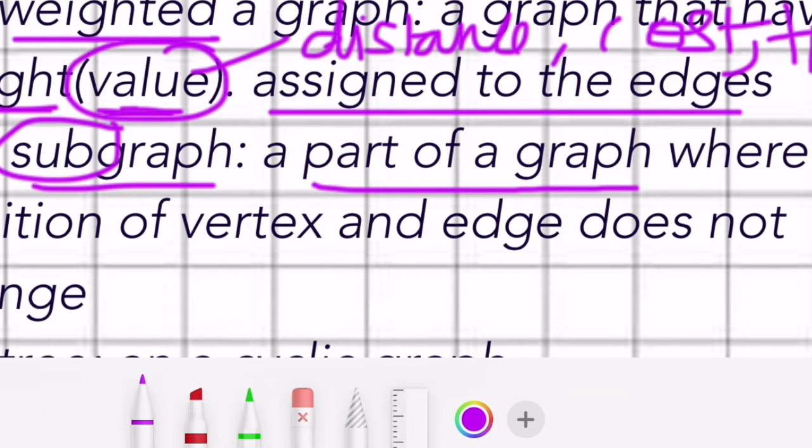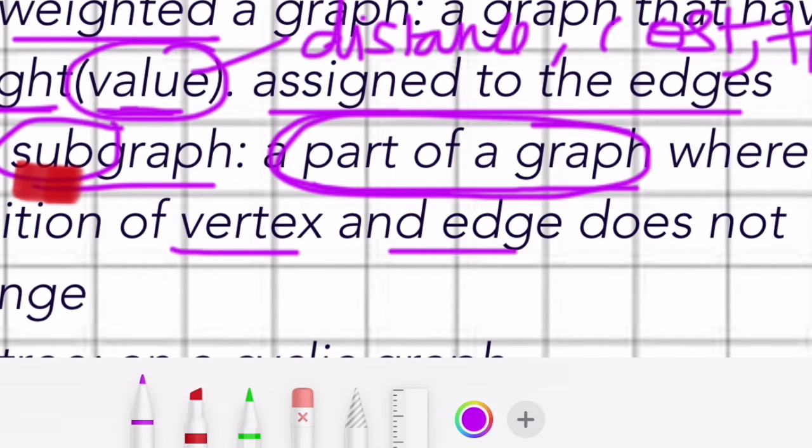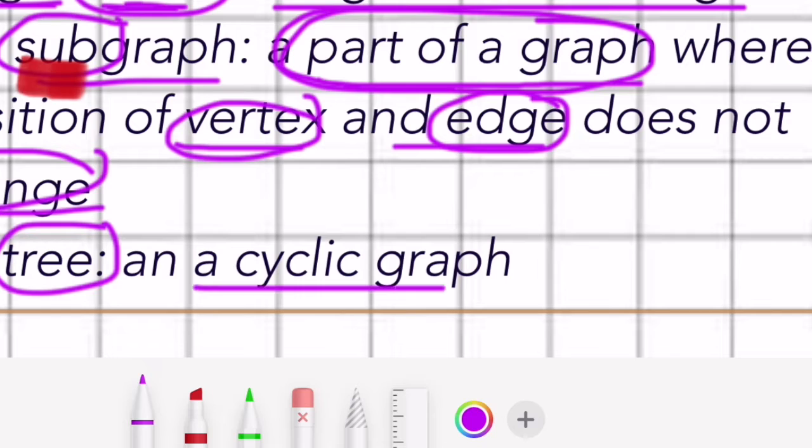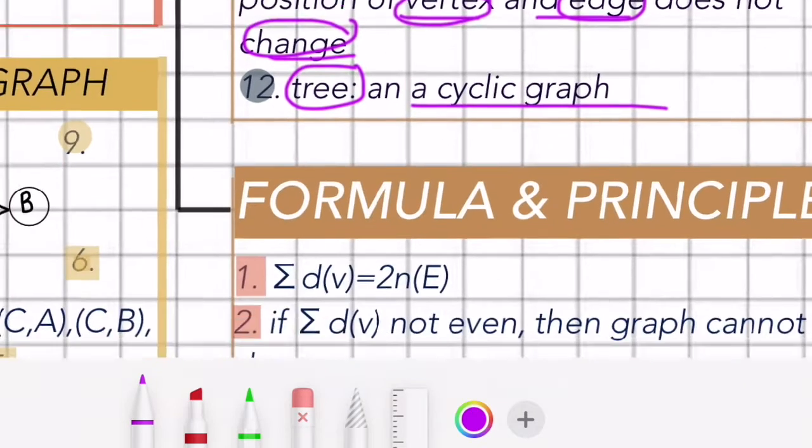Sub means part of the graph, where the position of vertex and edge does not change. Condition is vertex and edge does not change. Tree. What is tree? Tree is a cyclic graph.